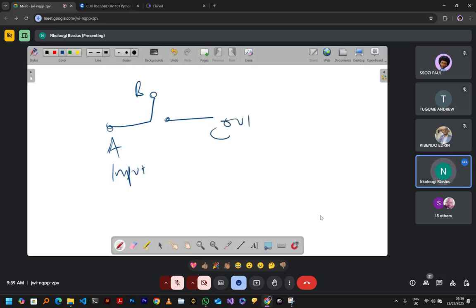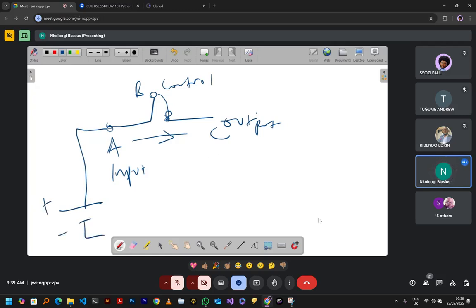This is the output where current is going to be flowing through. Then this is like the control that if you close it, then current has to be flowing. So in this case, maybe the switch is connected via a battery here. We have a negative and a positive, and it is going to be helping our LED to light. Okay.